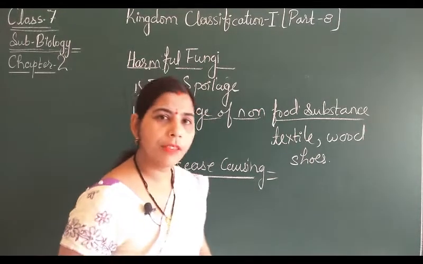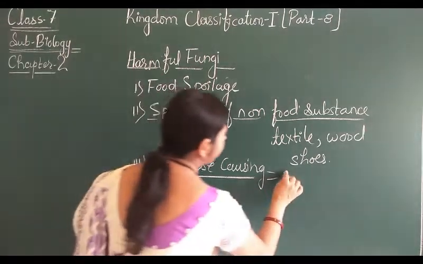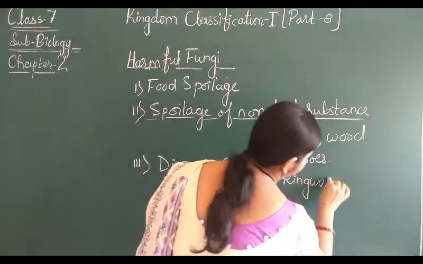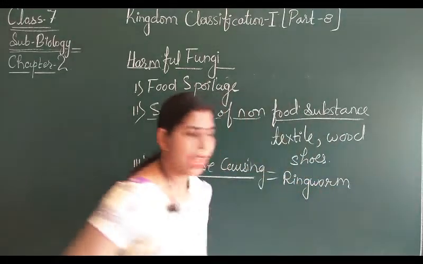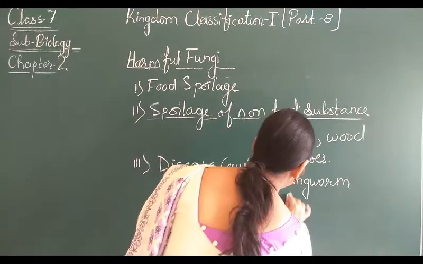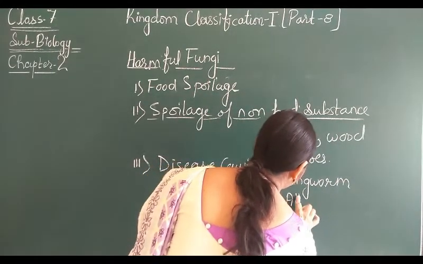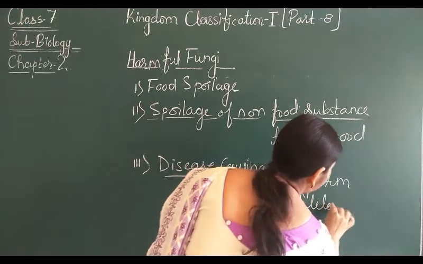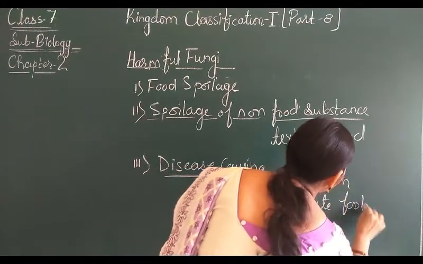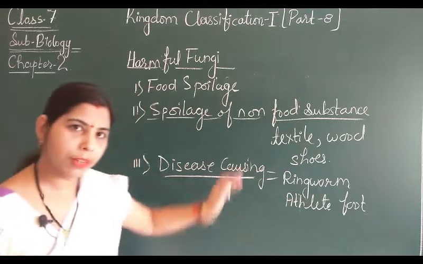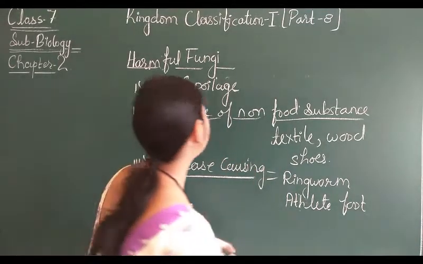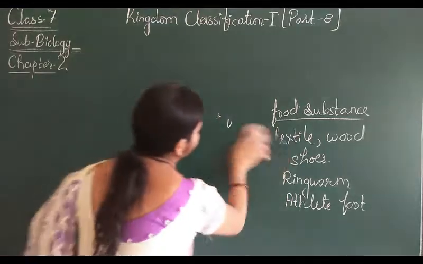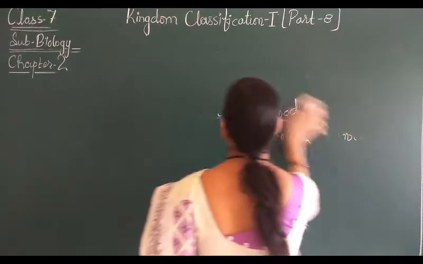The common diseases caused by fungus are ringworm and athlete's foot. These are some common diseases caused by fungus in human beings. So in this way the fungus are useful as well as harmful to us.